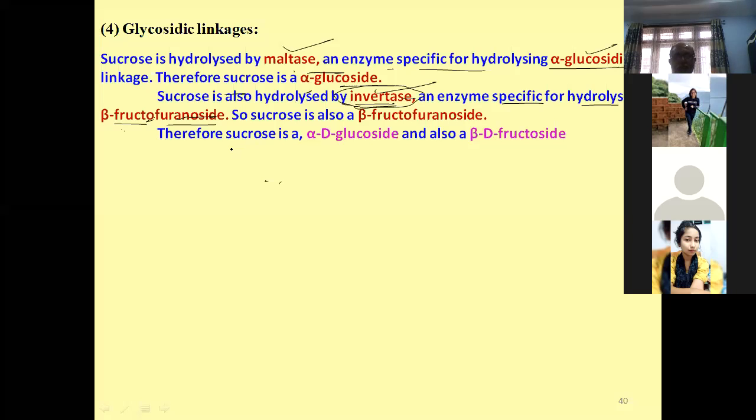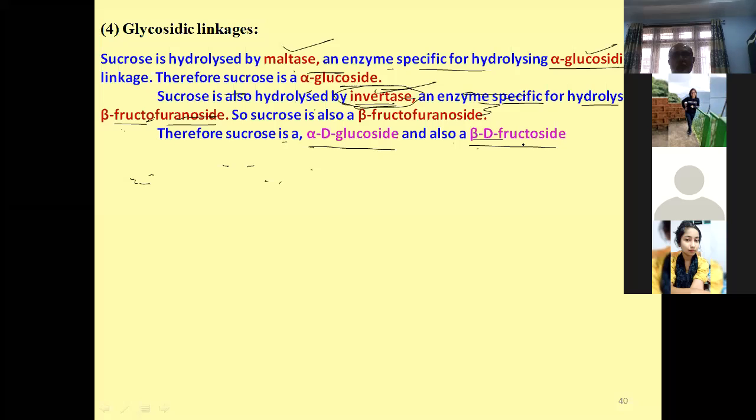We'll discuss that. So these two enzymes tell us that one is alpha glucosidic linkage and another is beta fructofuranosidic linkage. So therefore, sucrose is an alpha glucoside and also it is a beta D fructoside.